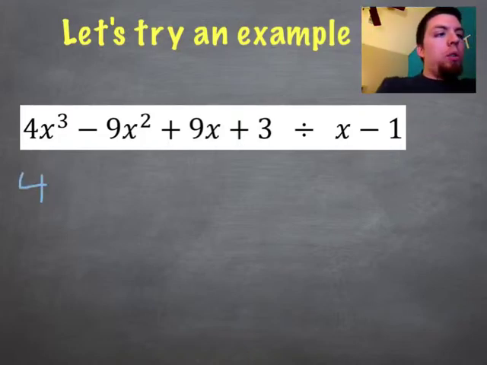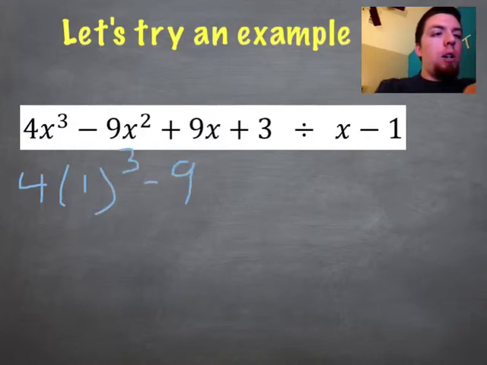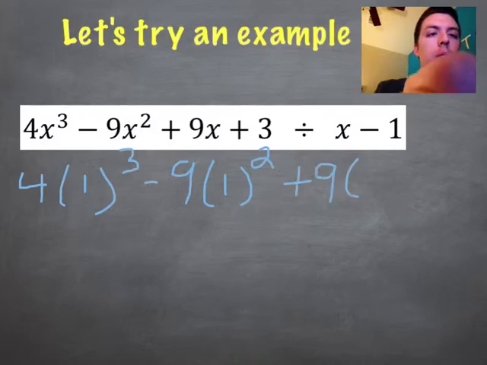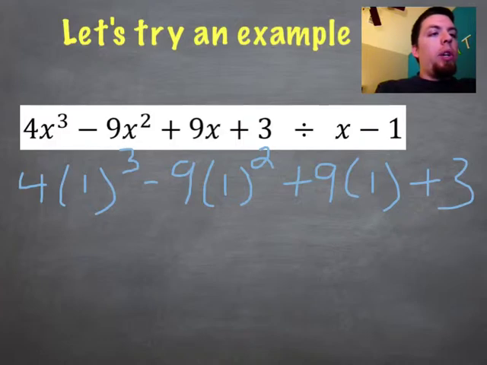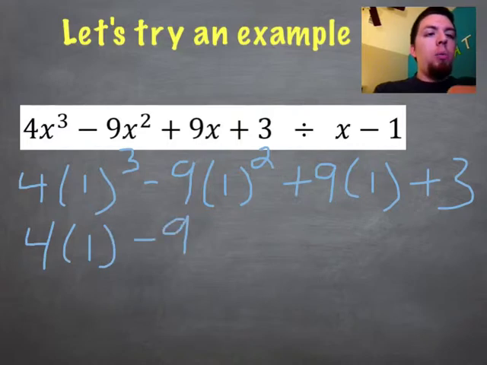So I have 4 times 1 cubed, minus 9 times 1 squared, plus 9 times 1, plus 3. Okay, so 1 cubed is 1, so we have 4 times 1, minus 9, and 1 squared would be 1, so times 1, and we have the rest.